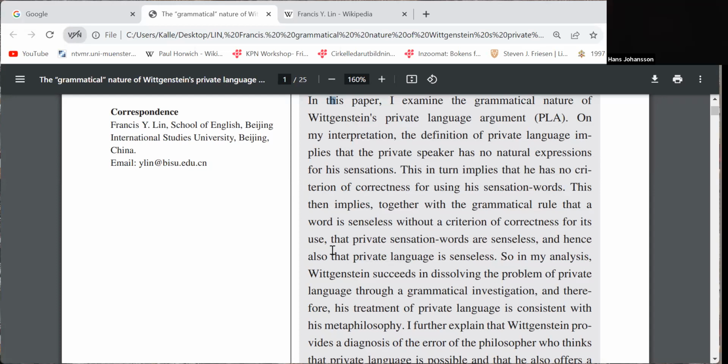In the abstract: in this paper, I examine the grammatical nature of Wittgenstein's private language argument, PLA. On my interpretation, the definition of private language implies that the private speaker has no natural expressions for his sensations. This in turn implies that he has no criterion of correctness for using his sensation words.